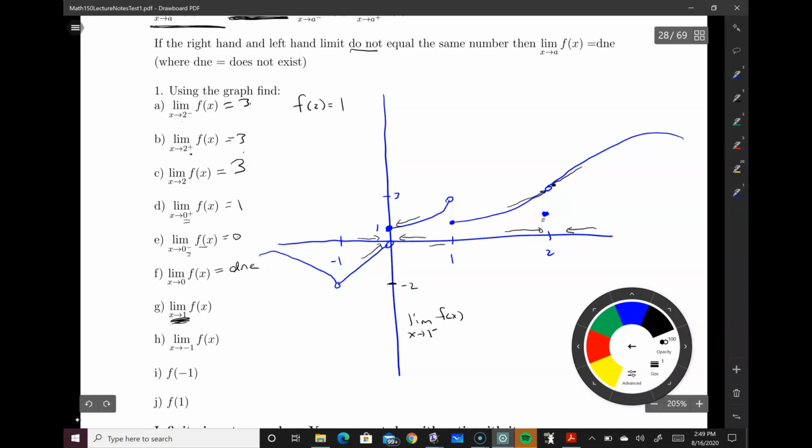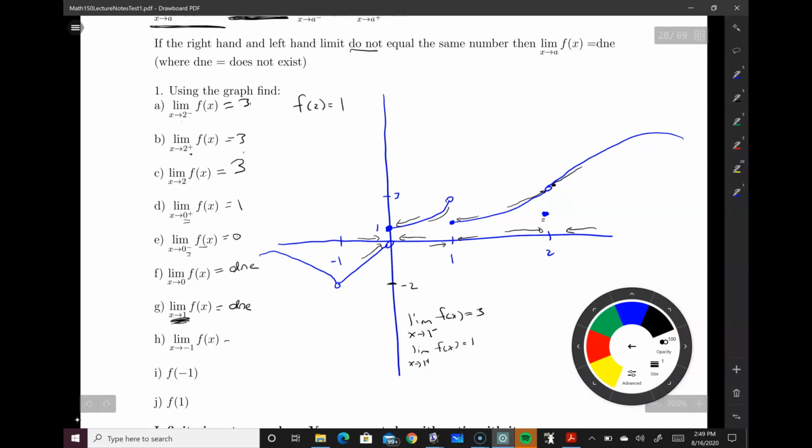So from the left, from the negative, jump on the function, it's going to 3. If I was to take the limit of the function, x's going towards 1 from the right, from the positive side, jump on the graph, the y values are going towards 1. So since these do not equal, this does not exist.